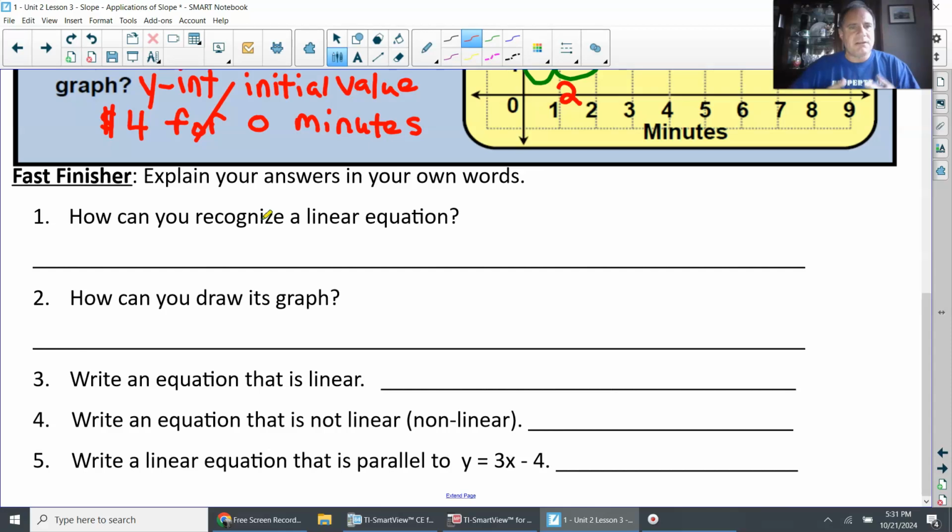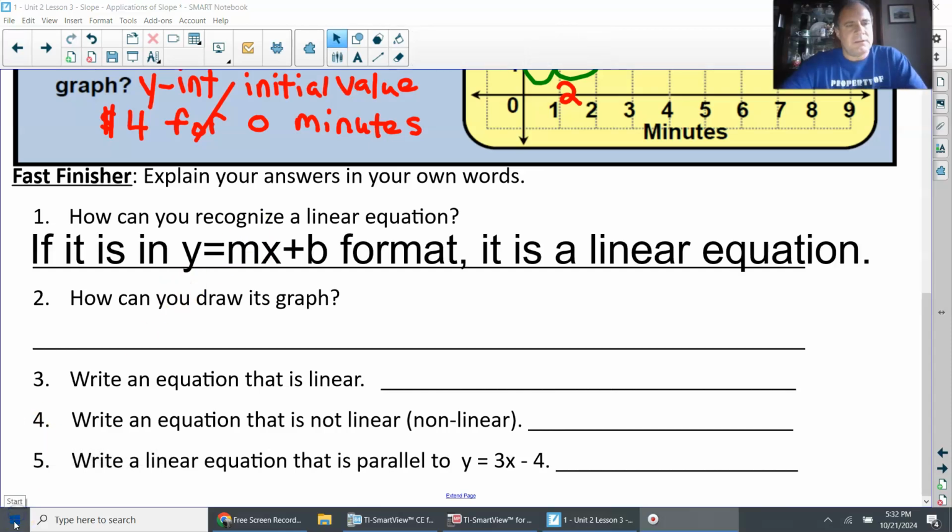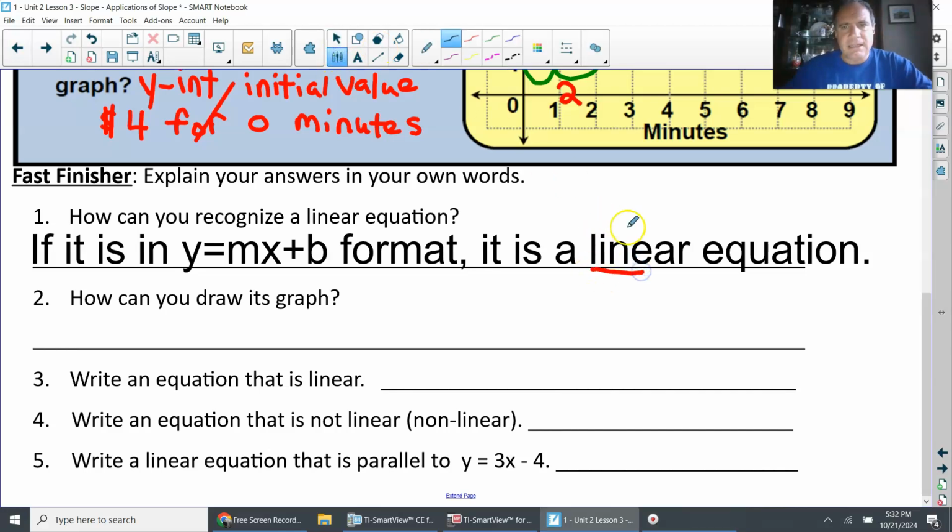How can you recognize a linear equation? If it's in y equals mx plus b format, it is a linear equation. Linear means line. So if this confuses you, it has the word line in it, and line means linear, straight.